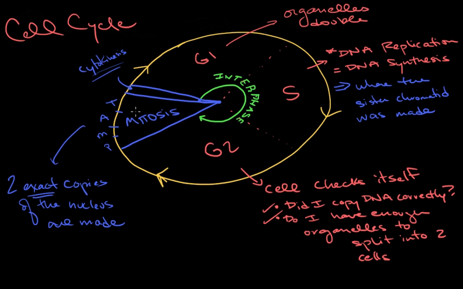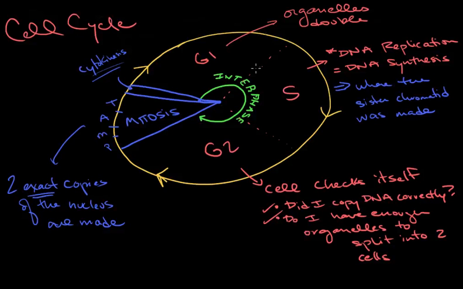Then each of those two cells went through G1, S, G2, and mitosis, and split into two cells each. So now you have 4 cells. Those 4 cells are going to go through G1, S, G2, then mitosis, and cytokinesis, and those 4 cells become 8. And it continues and continues and continues until we have the trillions of cells that make you up today. And it's all because of mitosis.